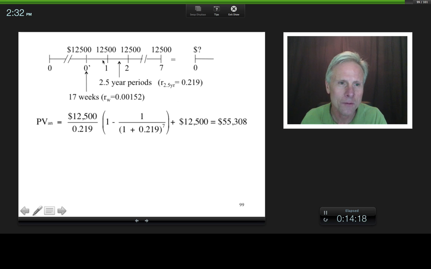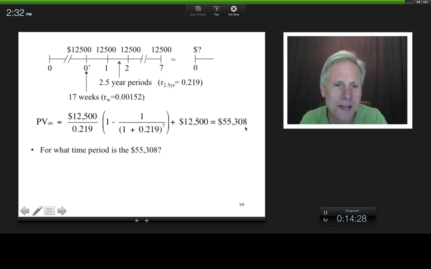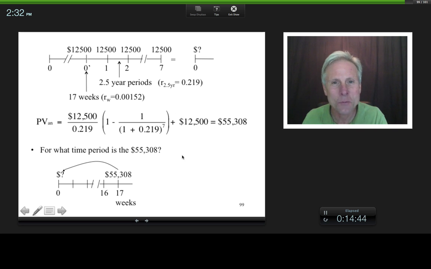And then I go, hey, let me add this because I ignored it initially, and this is also at 0 prime. So I add in the 12,500, and I get 55,308. So for what time period is the 55,308 true? Well, it's true for 0 prime, right? Because all of these guys were true for 0 prime. This is already there for 0 prime. So this is true basically 17 weeks from today.